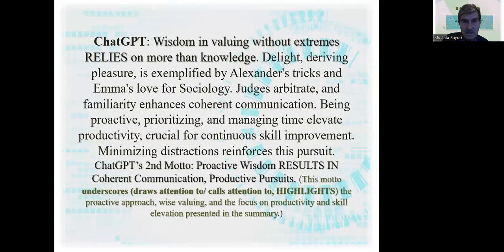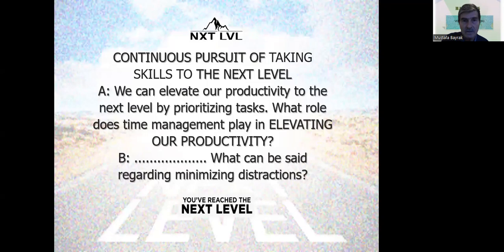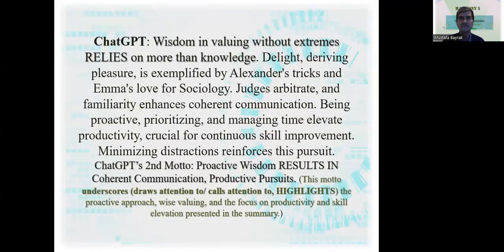Now, ChatGPT, what will ChatGPT do? I think, again, he will write the second part of the summary. ChatGPT: Wisdom in valuing without extremes hinges on more than knowledge.